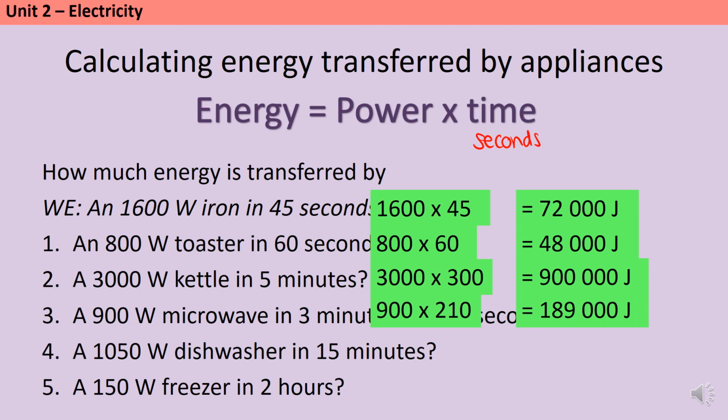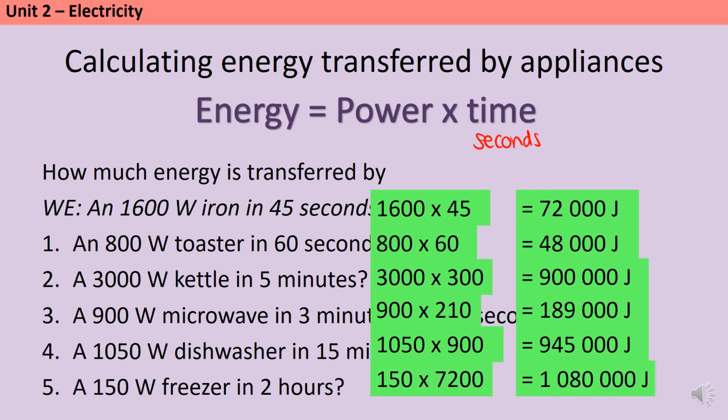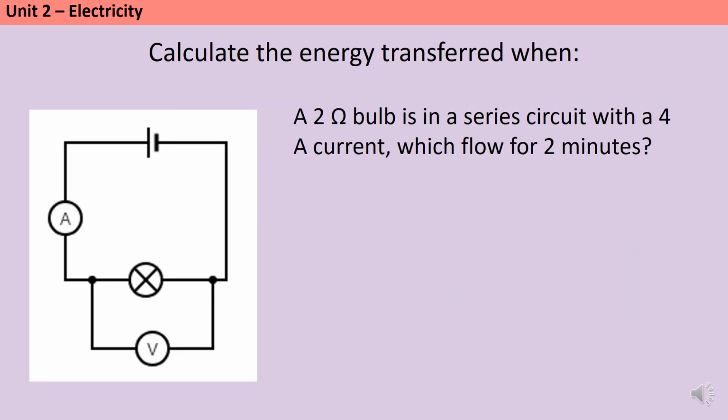A 1050 watt dishwasher can transfer 945,000 joules of energy, and 2 hours is 7,200 seconds. And in that time, a 150 watt freezer will transfer 1,080,000 joules of energy.